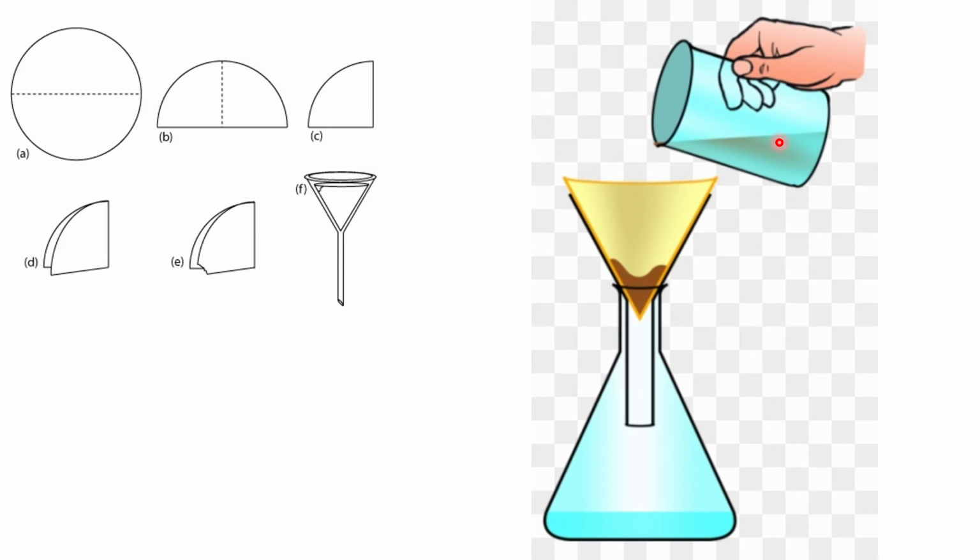When I pour this clay water into the filter, the mud would remain collected by the filter paper, and through the pores present in the filter paper, the water comes down into this conical flask. So this is how, by using filter paper, I can separate mud or sand or any insoluble solid substance present in water or any other liquid.